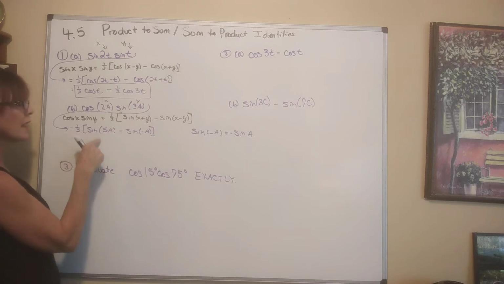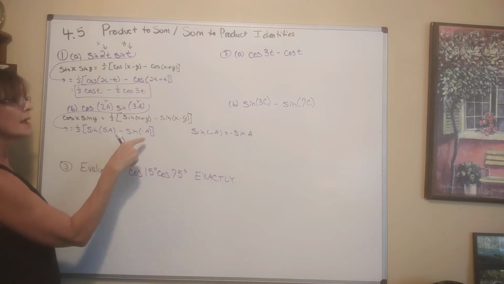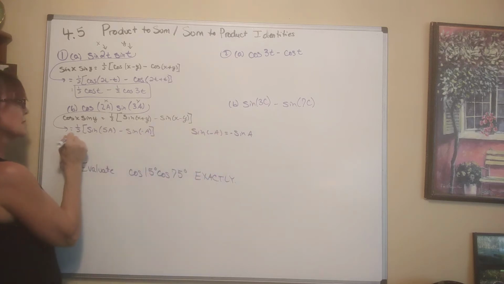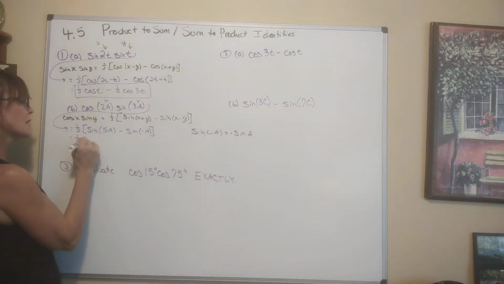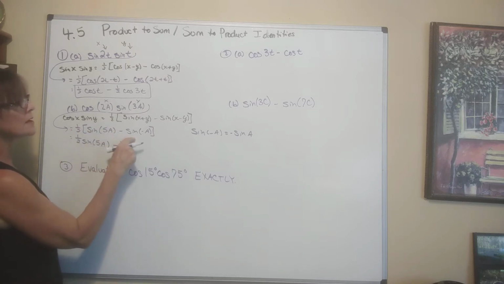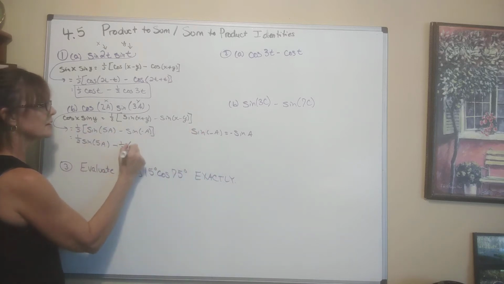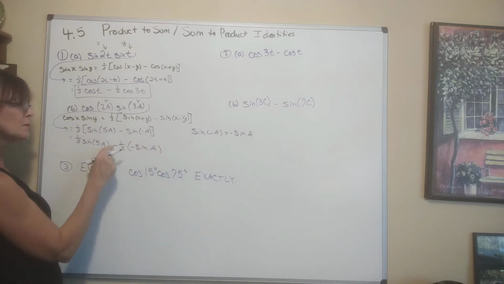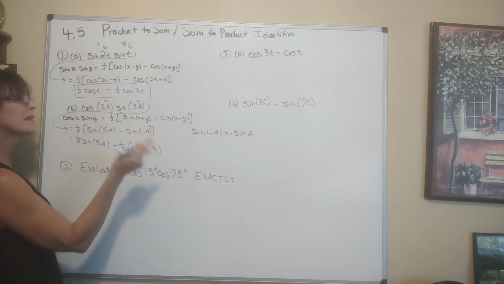I'm going to distribute the 1/2 to each of these terms, and I'm also going to rewrite the sine of negative a. So it goes like this: 1/2 sine of 5a minus 1/2 times the sine of negative a, which is negative sine of a. The very last thing I'm going to do is multiply this negative times the negative and make that a positive.